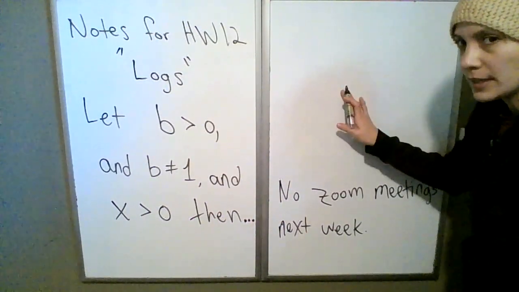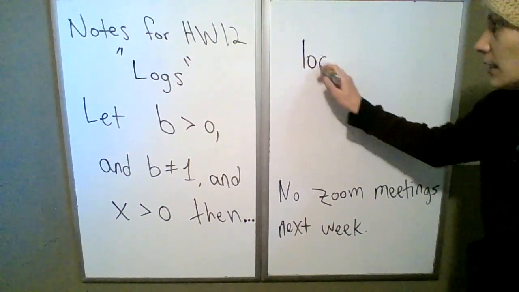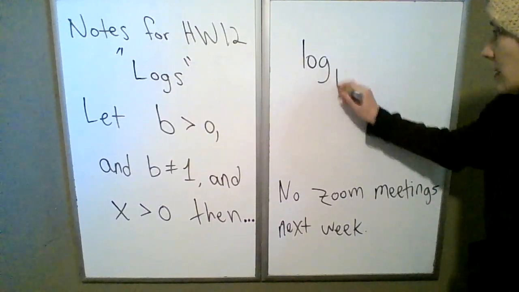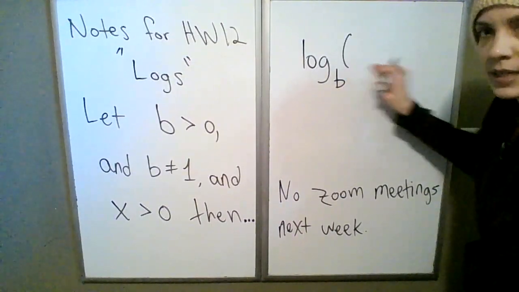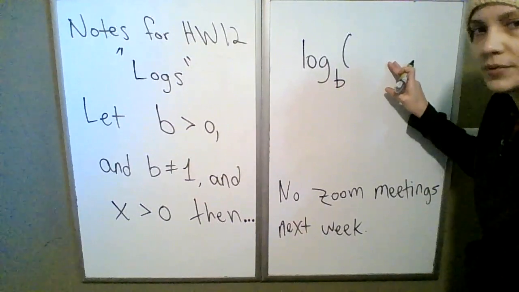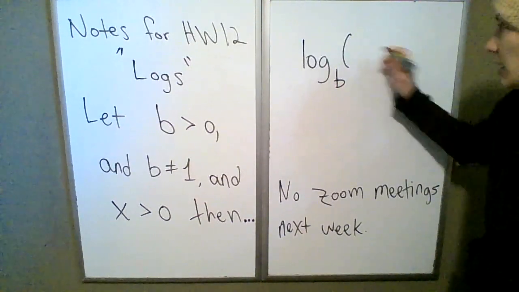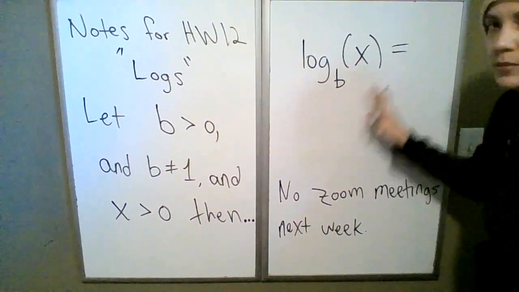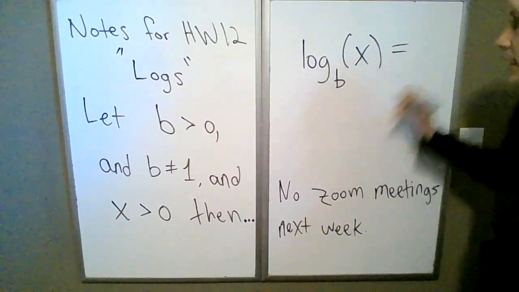We write log base b. The function's name is log, and then the base is like a subscript. This is the input, also called the argument of the log, and you input your x value. And the output, whatever number this is, is y.